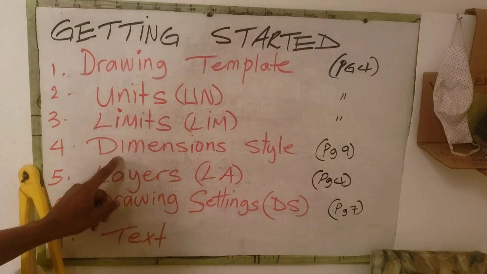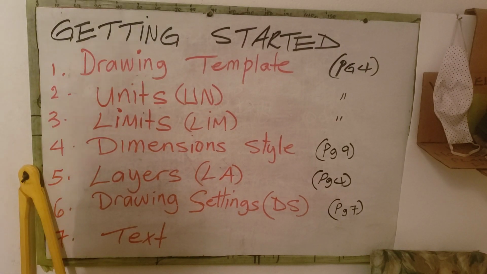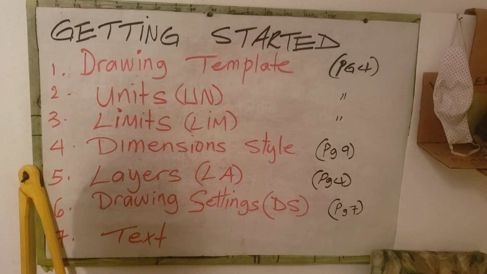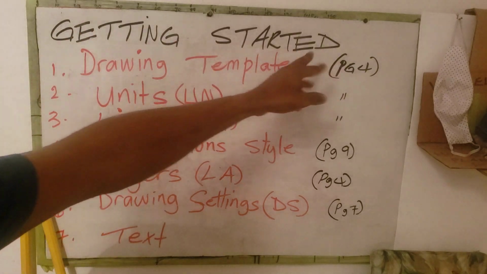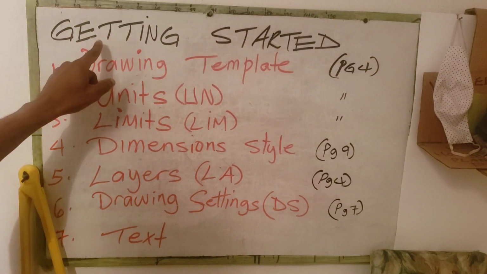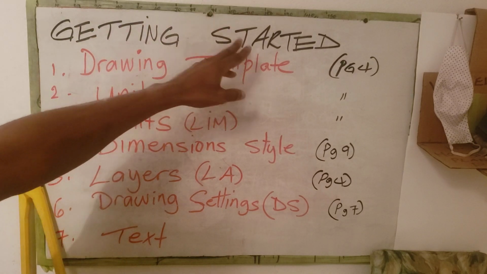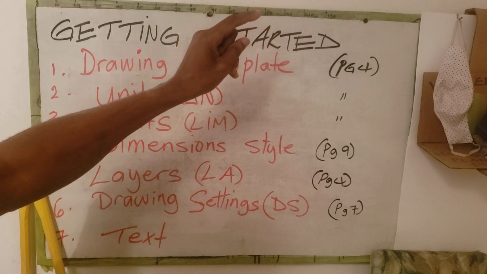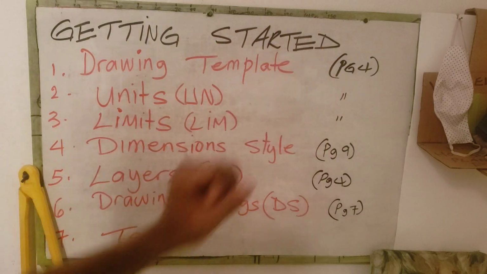The next thing to set up is our dimension. Set up dimension style, type D. From D, on the line, you will see a number of headings. You will see line, symbols and arrows, text, and primary units.